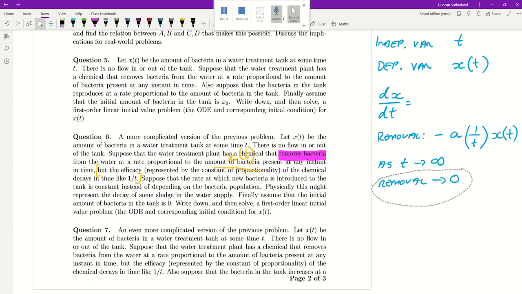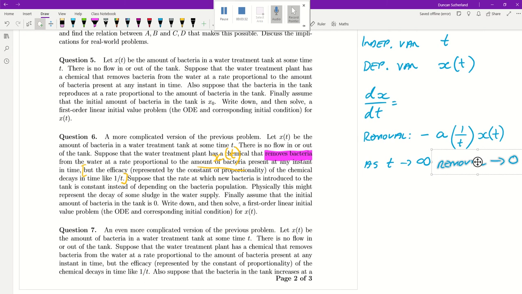So obviously this chemical is being consumed, it's being used up, or the bacteria is becoming resistant to it. That's another way to think of it. So this chemical isn't as effective over a long period of time as it could be.